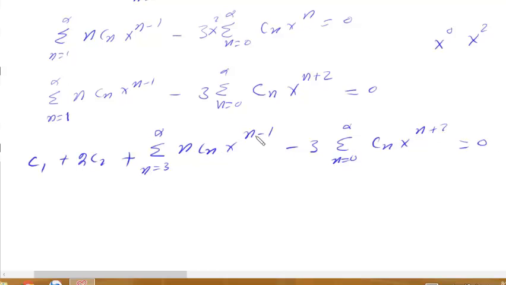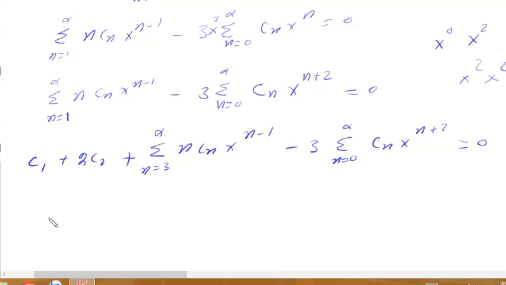When we put the limits here, n = 1 and n = 2, this is x to the power 2 and this is also x to the power 2.